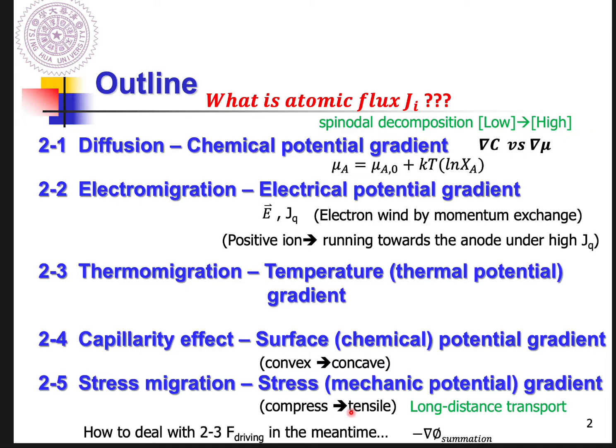So the driving force in atomic flux must be the minus potential gradient. You just need to sum all the variations in potential, then take the minus gradient, and you can get the integral driving force to drive this atomic flux.